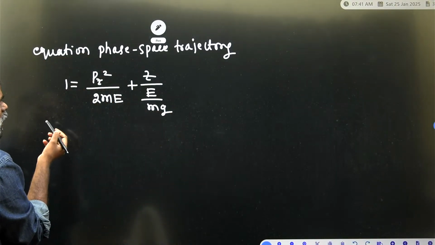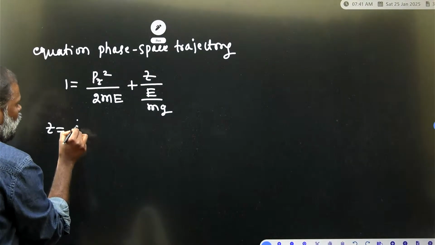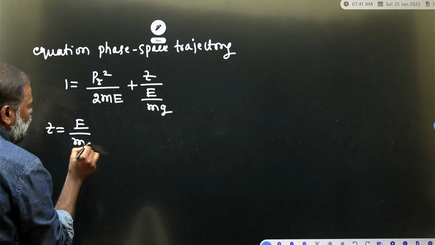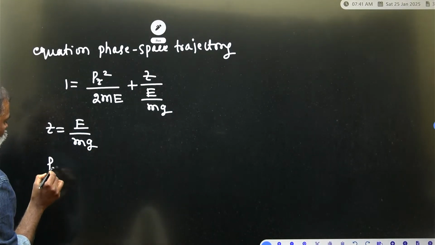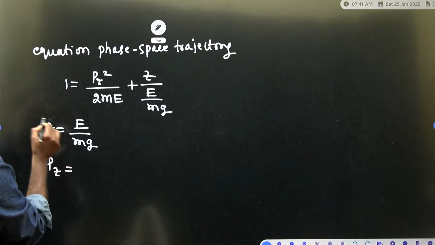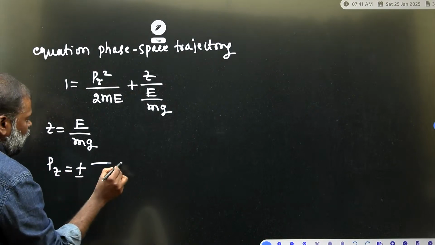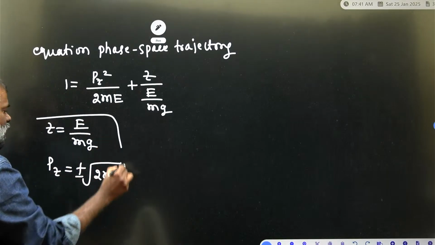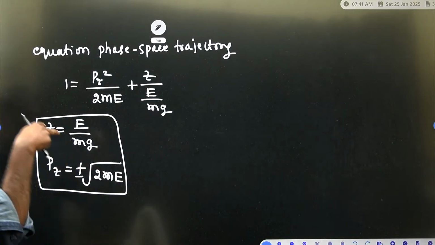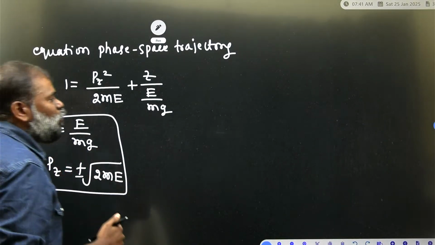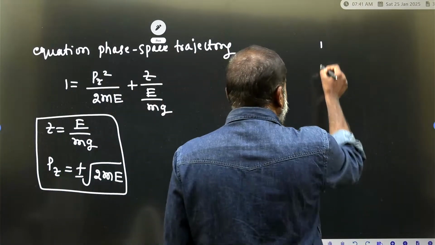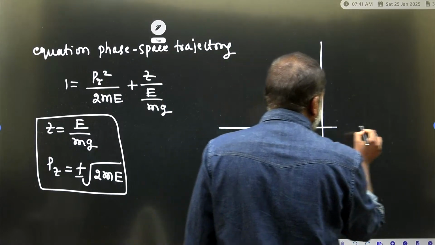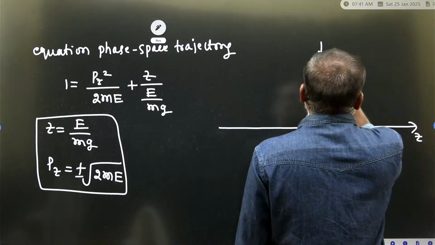What are the turning points? Those are the turning points: z is equal to e by mg and pz is equal to plus or minus square root of 2me. Based on these turning points, you have to fix it in a phase portrait, in the z and pz plane.